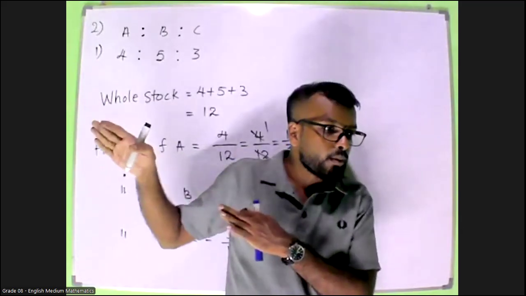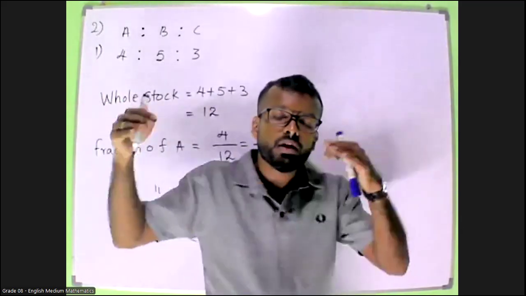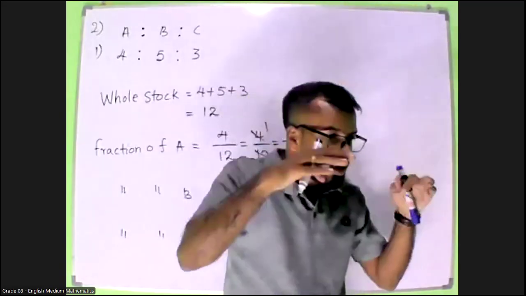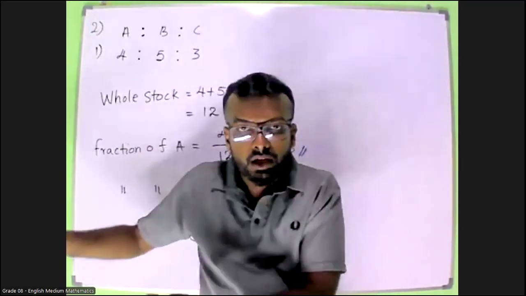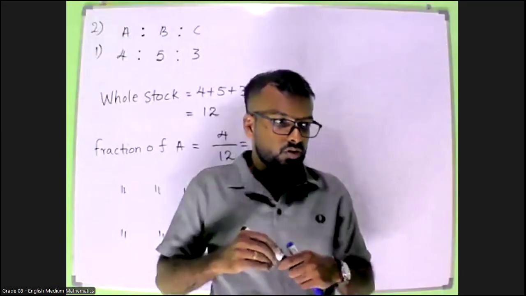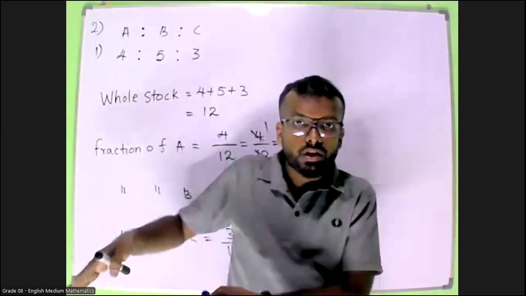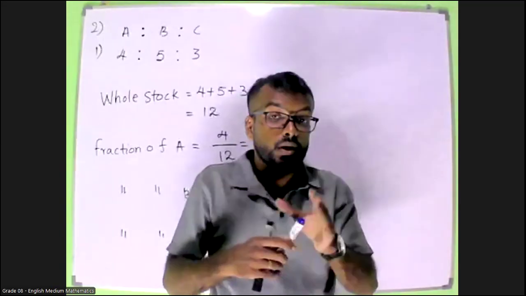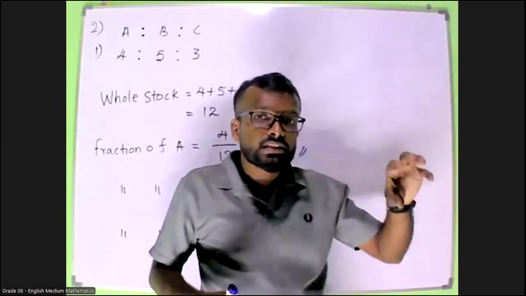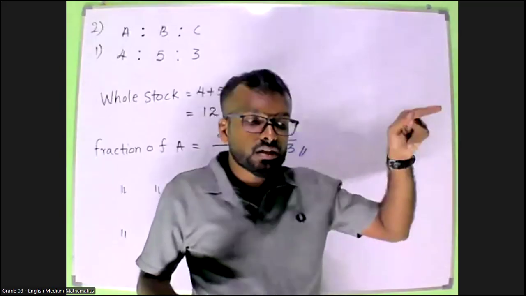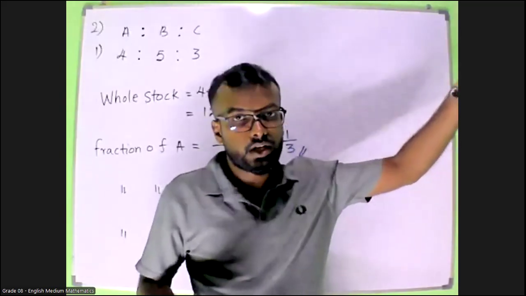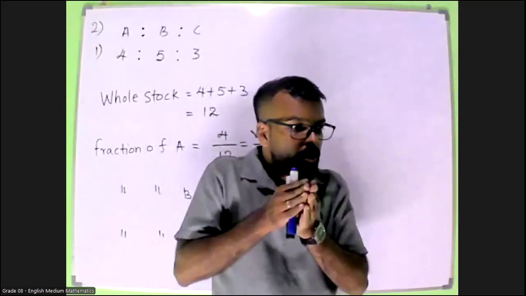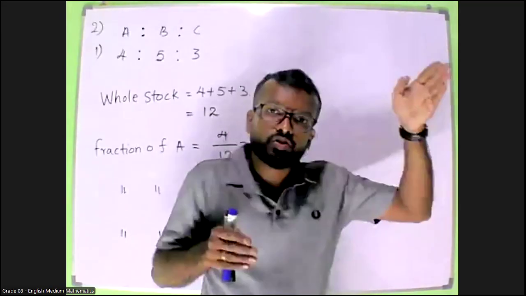I mean, amount that A received should be the numerator. Amount that B received should be the denominator. So B comes to the denominator, A comes to the numerator, because we are going to compare what A received as a fraction with what B received. We are going to compare the shares of A with shares of B.